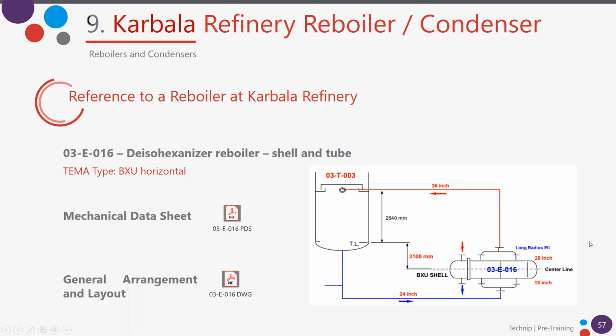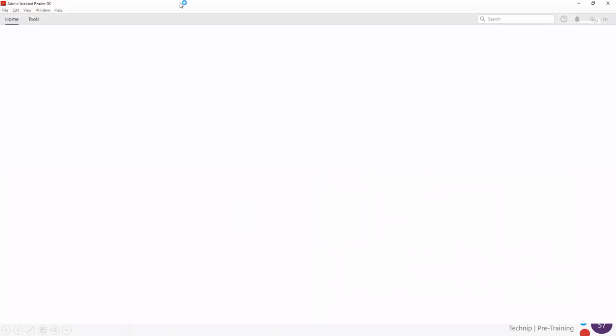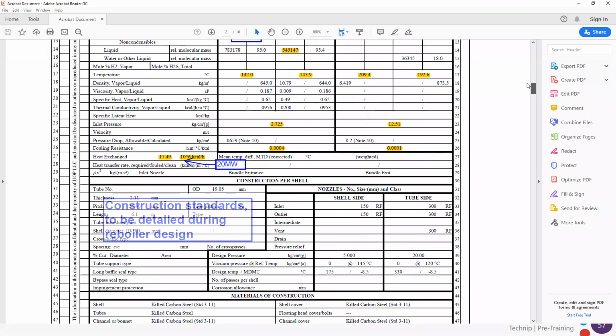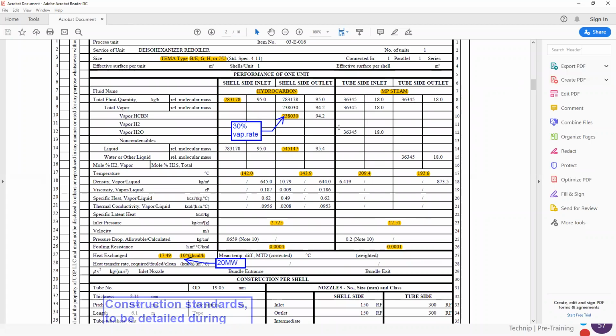Yes, in this case, let me go to the process data sheet. We have a huge amount of liquid that we are vaporizing, and the allowed pressure drop is very low. So we need to place the hydrocarbon on the shell side, because we need to decrease the pressure drop as much as possible.